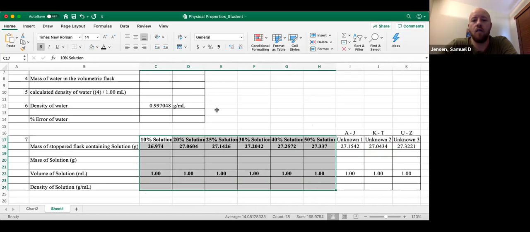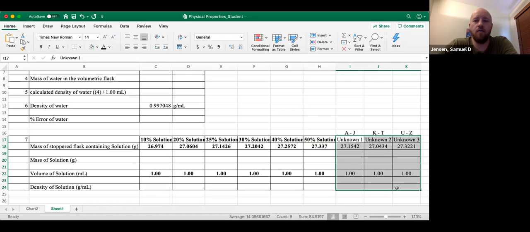Here's an important thing to note. You are only plotting data of the 10 to 50% solutions on your graph. You do not, I repeat, you do not graph the unknown. Primarily because you can't. If we know the density, that is one coordinate. On a 2-dimensional graph, you have X and Y, and we only have 1 coordinate.